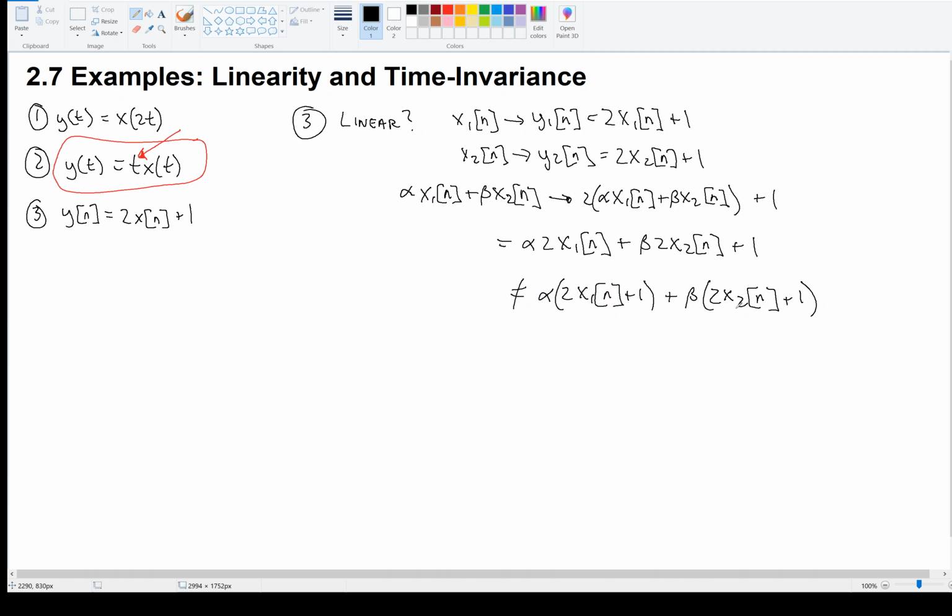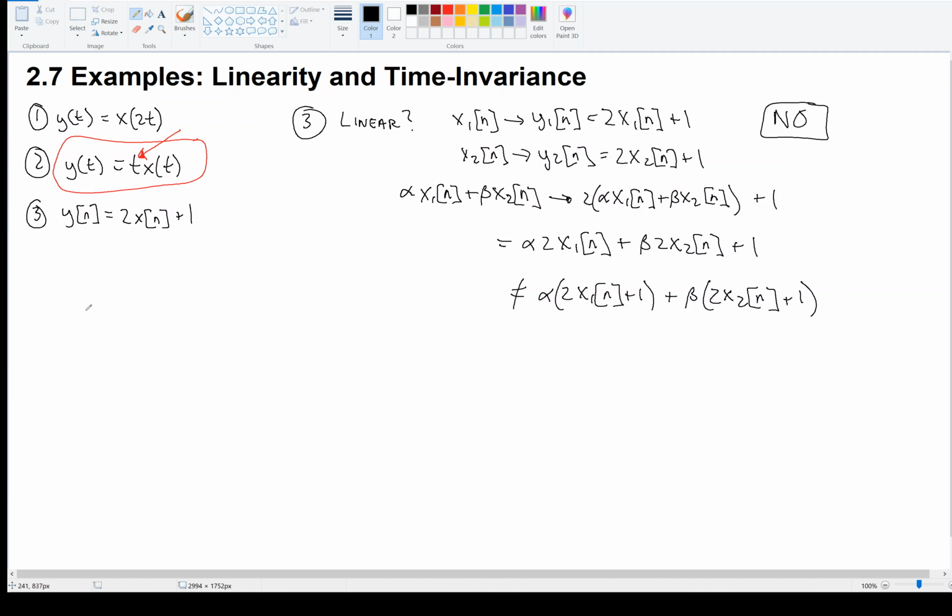That's y2. So these two things are not equal to one another. So this is not linear. No. Okay, and so you should be able to find a counterexample also. So you don't need to prove that if you can find a counterexample.